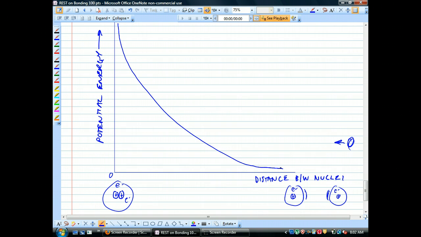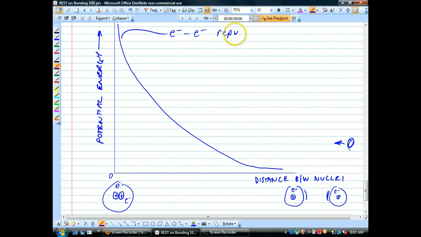Just like when my magnets are repelling each other, if the force is repulsive, then the closer they get, the more potential energy I have. Okay? Now let's label this. This we'll call electron to electron repulsion.